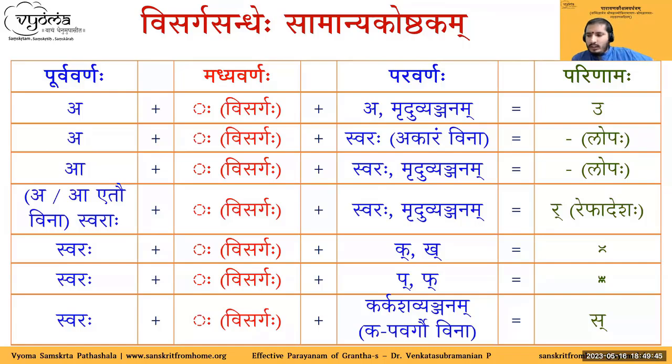But in Dukkha, we don't have that Ka. It is not a separate Pada. So there, Jihvamuliya should occur. There is no option of telling Visarga. We are not supposed to say Duhuka. We have to tell Dukkha only.